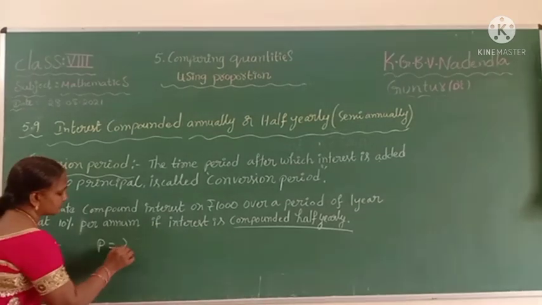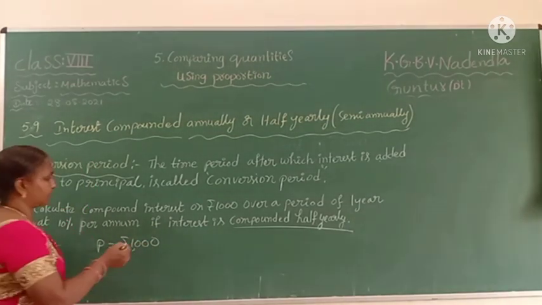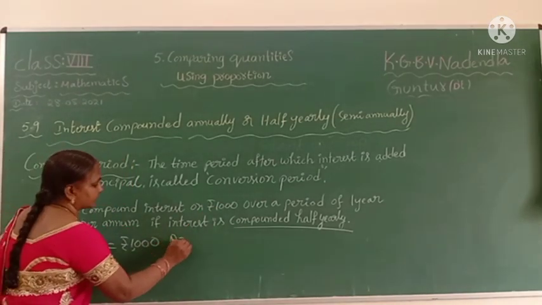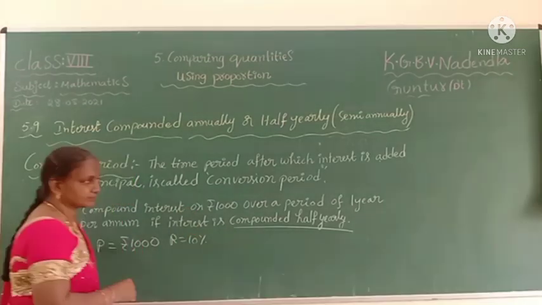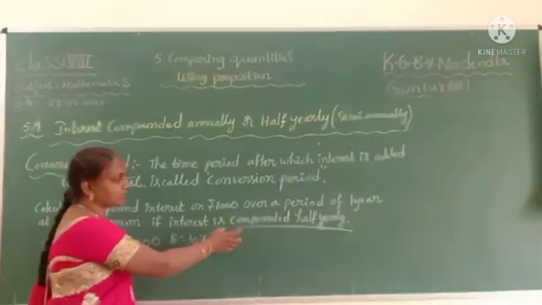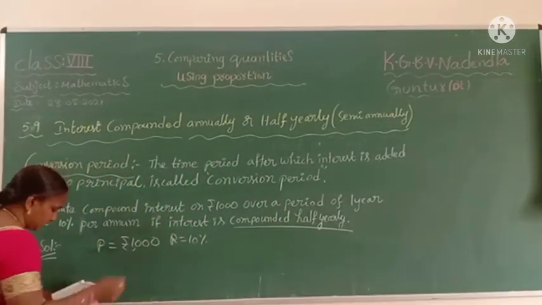The principal is 1000 rupees. The borrowed amount is 1000 rupees. The rate of interest is 10%. Total time period is 1 year. But here we have to compound it half-yearly.